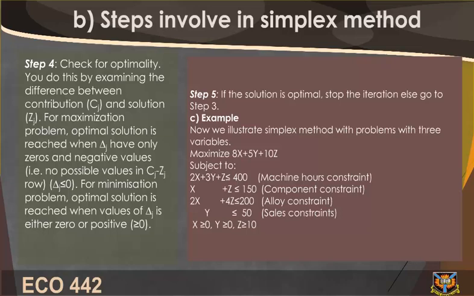Machine constraints. x plus z less than 150. Component constraint. 2x plus 4z less than 200. Allow constraints. y less than 50. Sales constraints. x greater than 0. y greater than 0. z greater than 10.